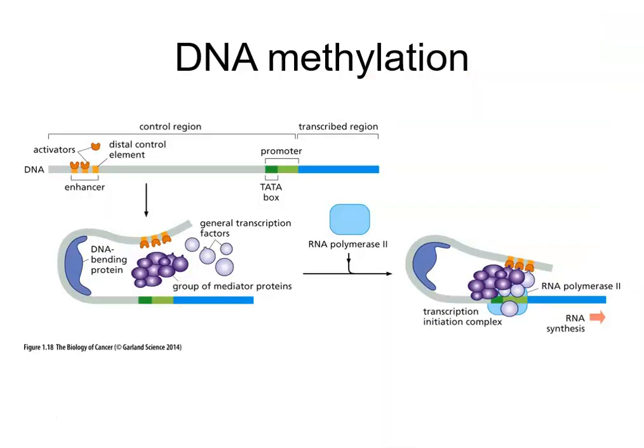Now this slide illustrates that in more detail. So here is the promoter region and the TATA box, and the region here where RNA polymerase will bind and will transcribe this region in blue. Now upstream from that, we have these enhancer regions where transcriptional activators or transcription factors will bind to specific regions of DNA.